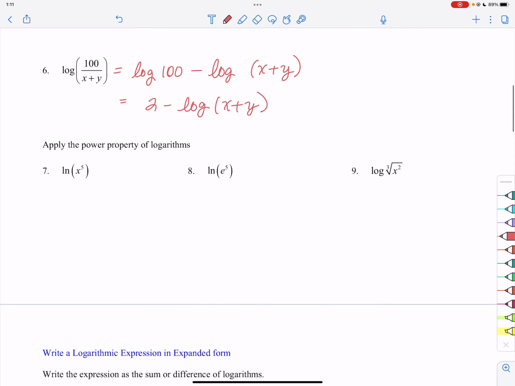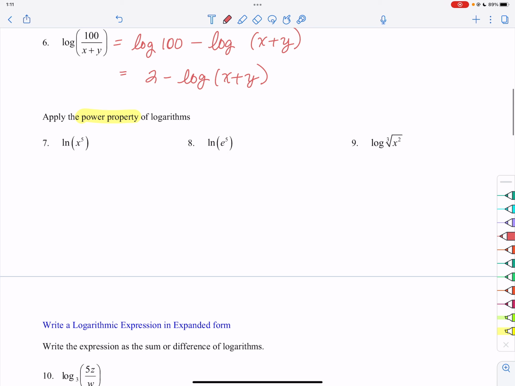Okay, looking at number 7, now we're going to practice the power property. And as you can see, this is equal to 5 times the natural log of x. So this 5 will go into the front of the logarithm as a coefficient. Here we have 5 multiplied by the natural log of e.